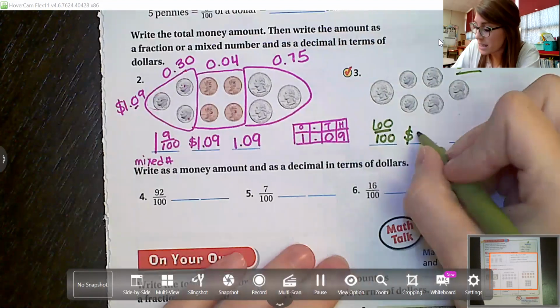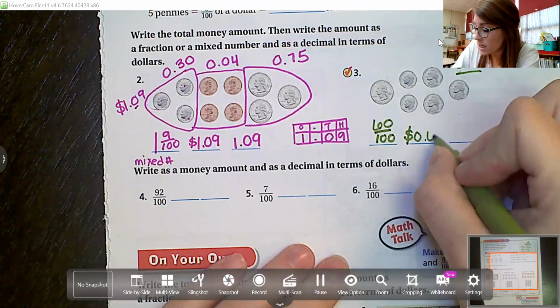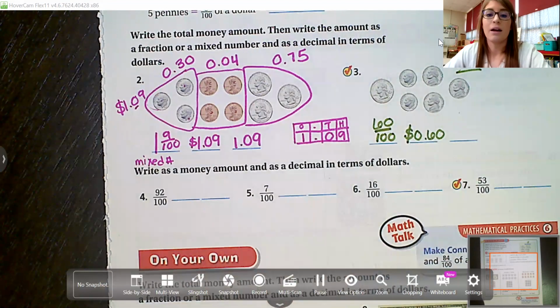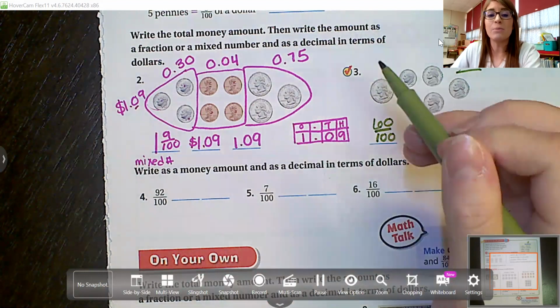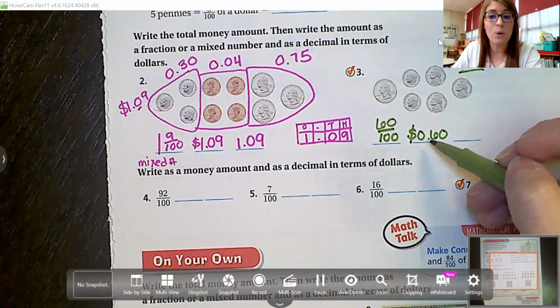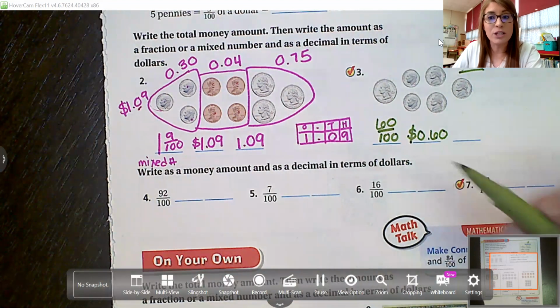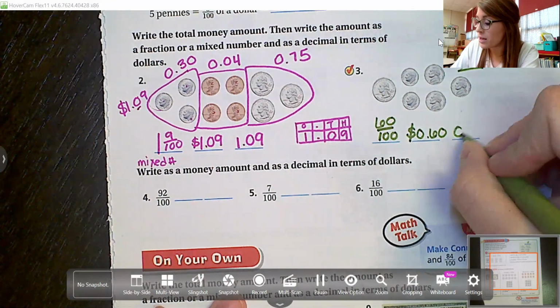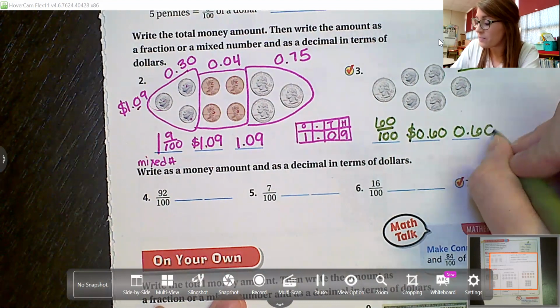Very good. 0 decimal point 60, 60 cents. And then we're going to write it as a decimal in terms of a dollar. That is going to look exactly like the total money amount, just without the dollar sign. So it's going to look just like that.